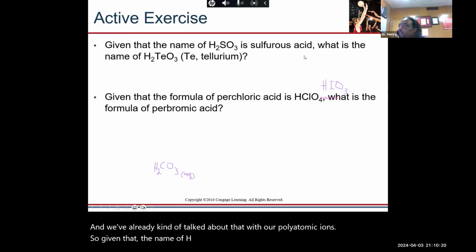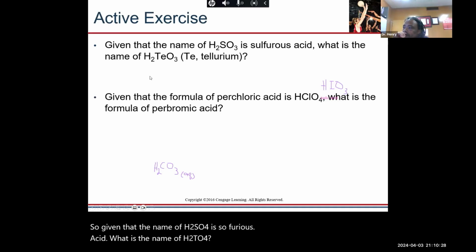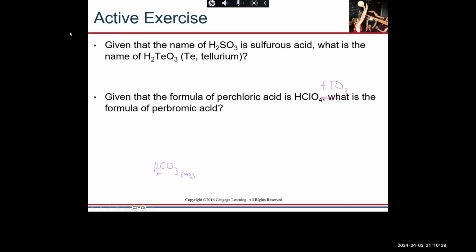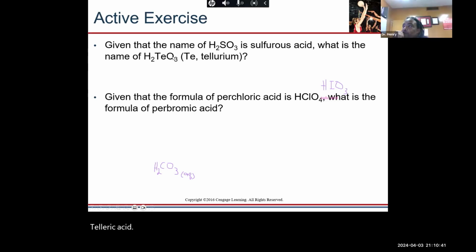H2SO3 is sulfurous acid, what is the name of H2TeO3? Telluric acid. So remember, if they're in the same group, they're going to behave similarly with regard to the number of oxygens.